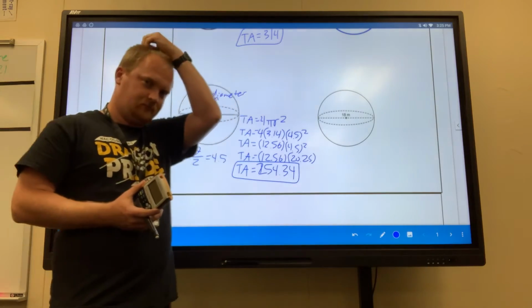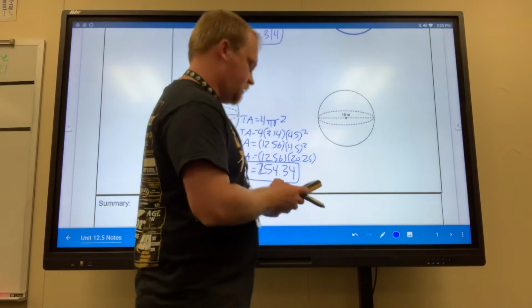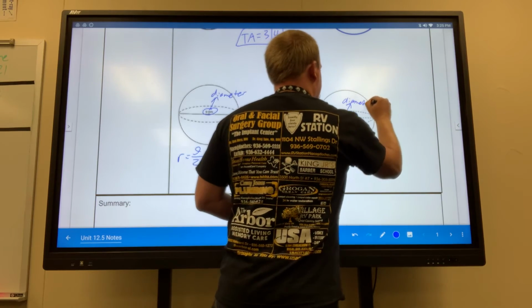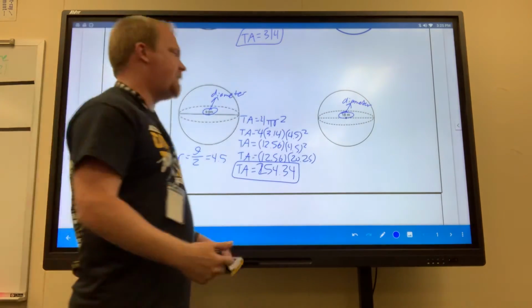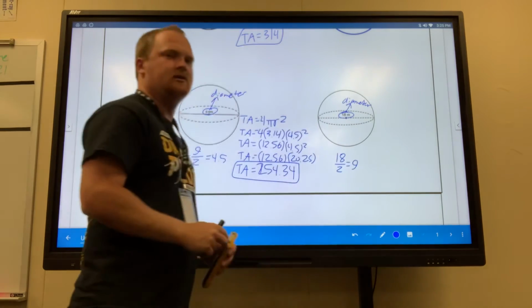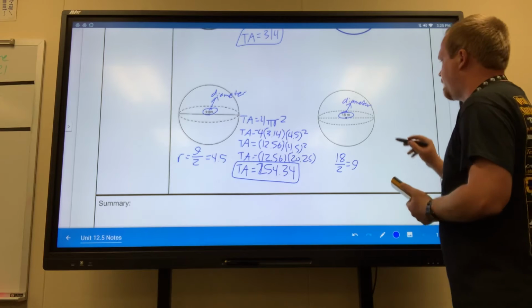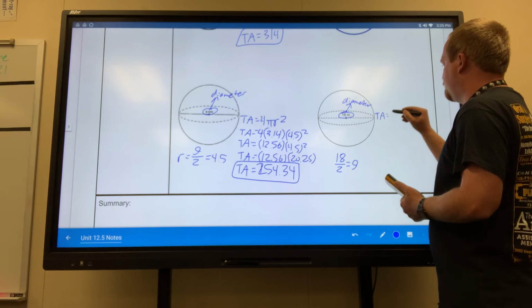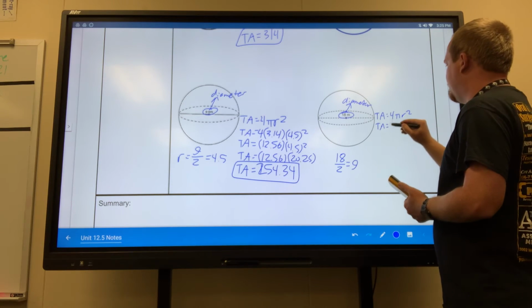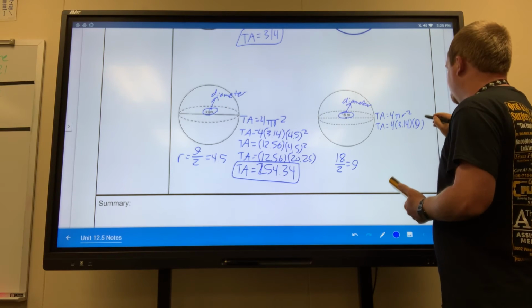Now with my last sphere, I'm given a diameter of 18. But remember, I just take half of that diameter, which is 9. So I'm going to do total area equals 4 pi r squared, which is 4 times 3.14 times 9 squared.